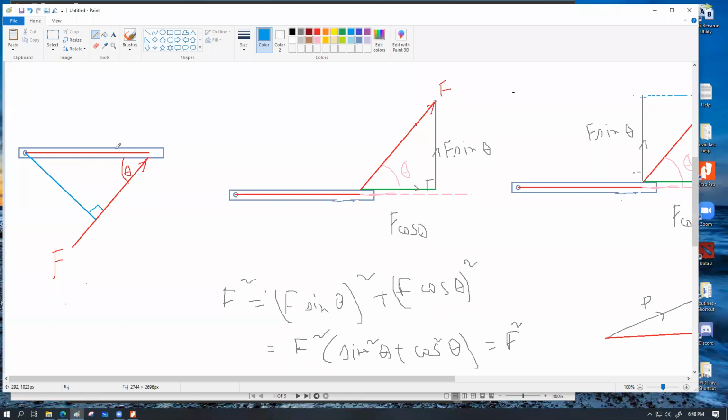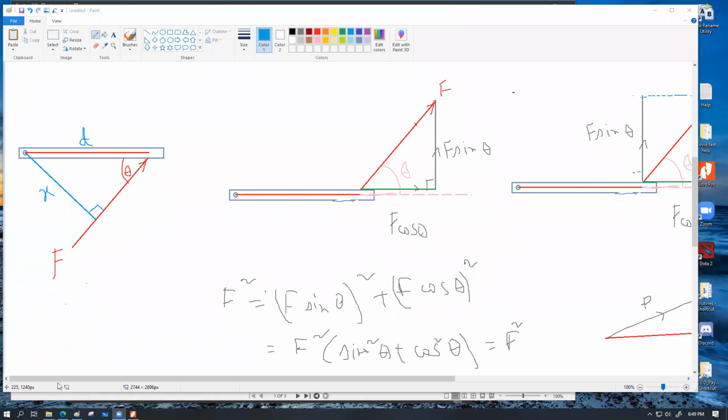So have a look. This is a part that I want you to appreciate. If this is F and the length of the distance along the door side is labeled as d, and let's say this much distance is x, I can pretty well write that... So I'm labeling this distance along the door side as d, and I'm labeling this perpendicular distance as x.